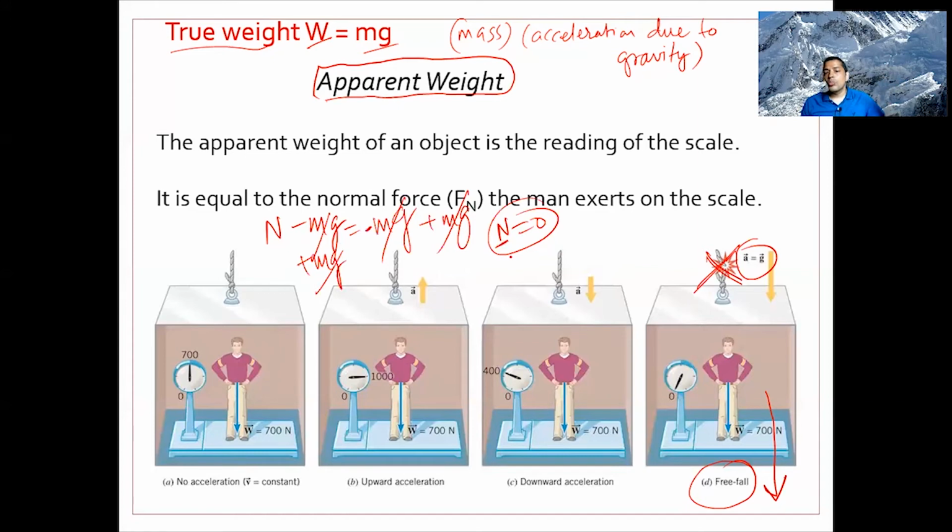Your weighing machine gives you exactly 0 here. That's called weightlessness. So the two ways you can get weightlessness is either you go to space, where there is no weight, or you happen to be in this kind of unfortunate situation, then you will have zero weight.